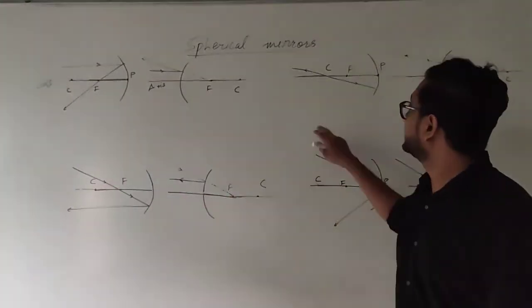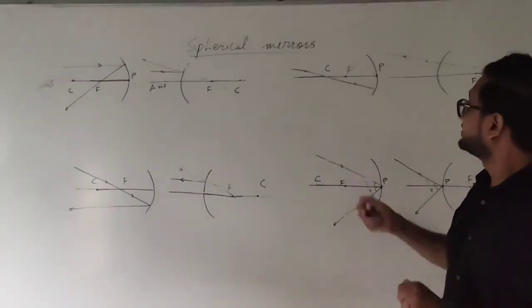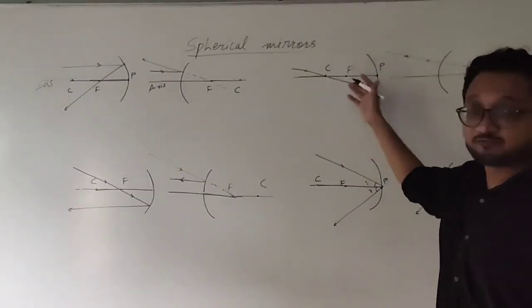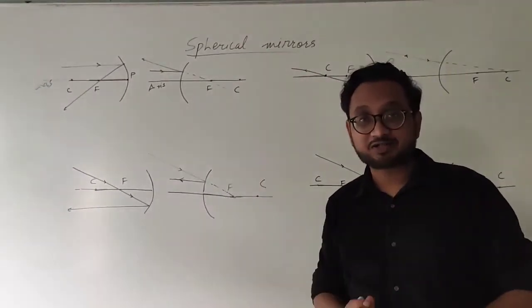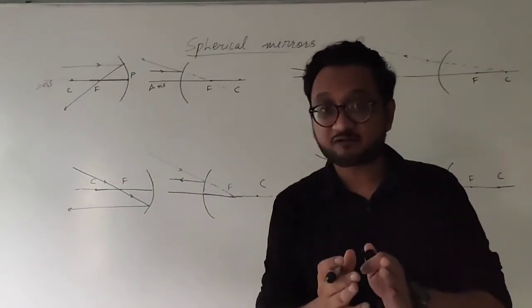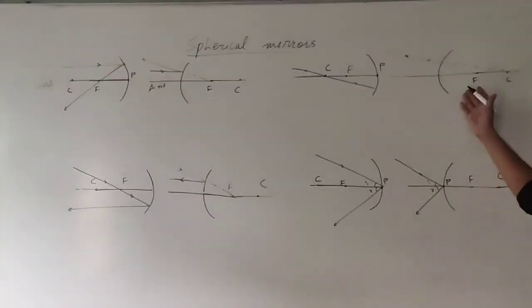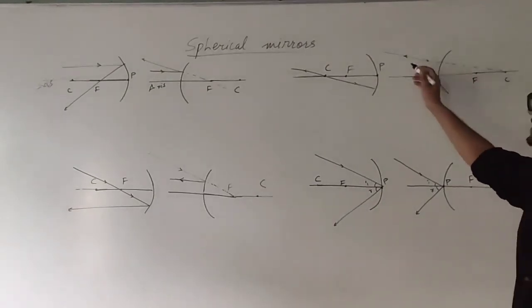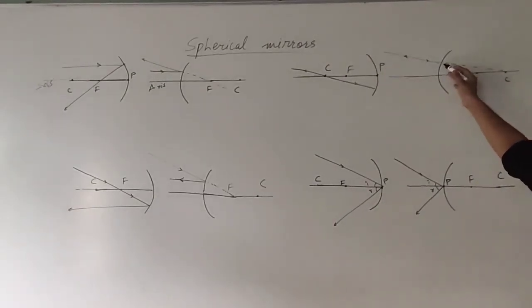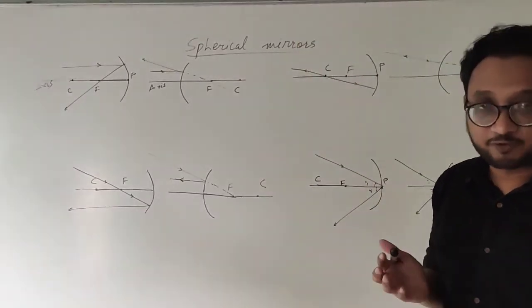In the third case, if it is passing through the center of curvature, then the ray of light will fall back on the same path. It will not move here and there. So if a ray of light passes through the center of curvature, the reflected ray will also pass through the center of curvature. Same thing over here for the convex mirror. As you can see, the ray of light seems to pass through the center of curvature. So it will follow back the same path it came from.